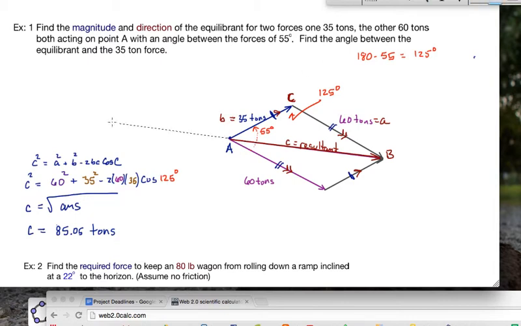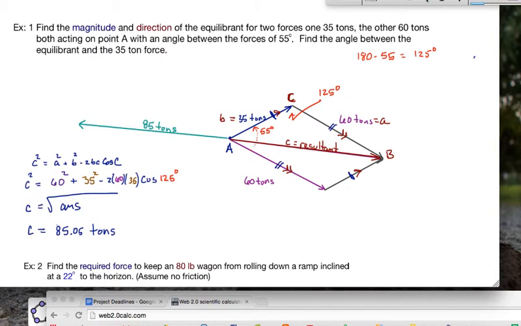So the equilibrant has to be the same magnitude, but in the opposite direction. So the equilibrant is going to be this direction, and it's also going to be the same magnitude. And it says find the angle between the equilibrant and the 35-ton force here.